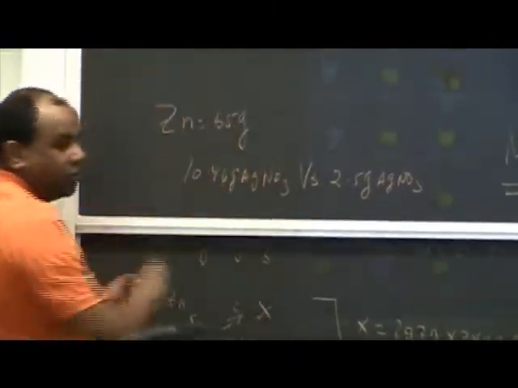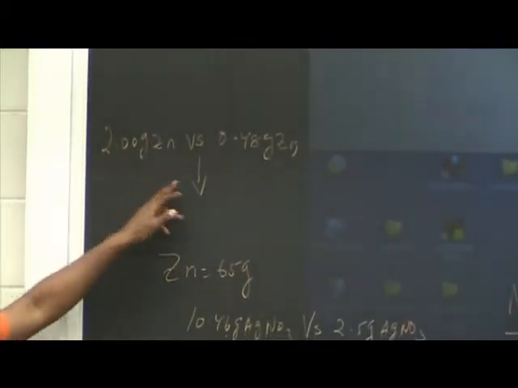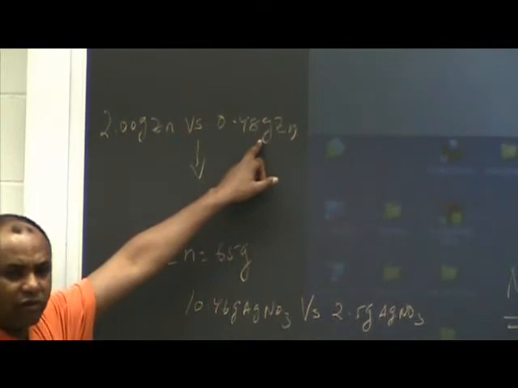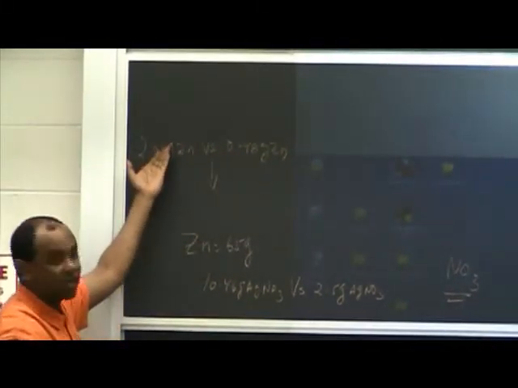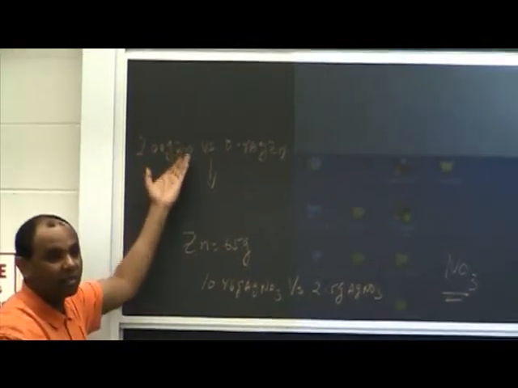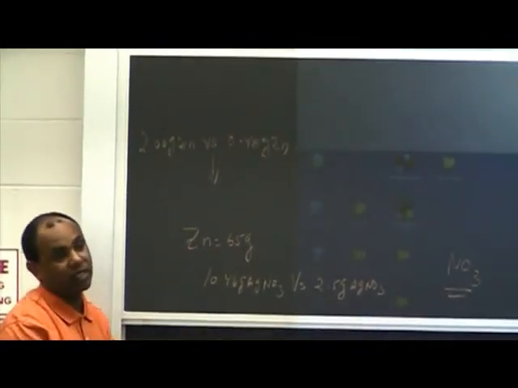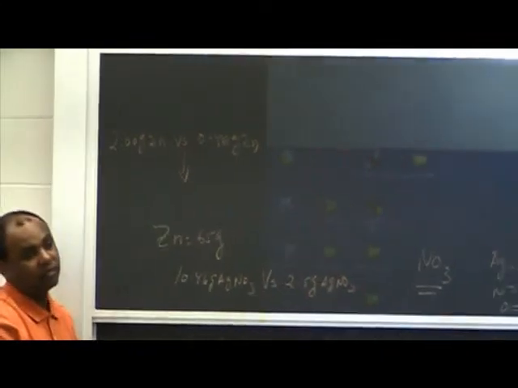What is your interpretation? The zinc is more than required. The required amount for 2.5 grams of silver nitrate is only 0.48 grams of zinc. 2 grams is excess, but you have been given 2 grams of zinc. So we don't need another calculation. It's enough to do one calculation.